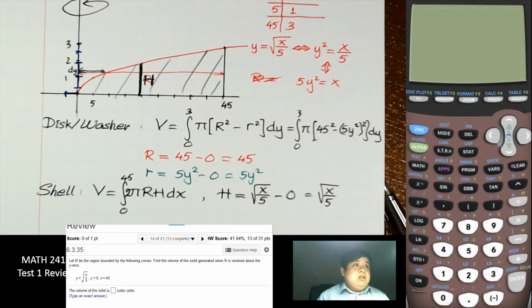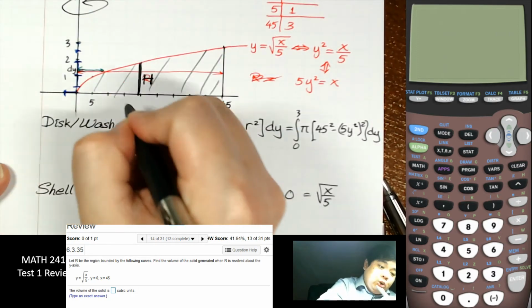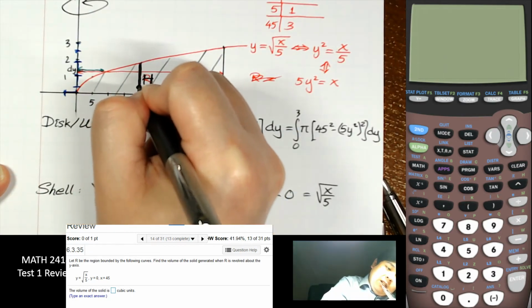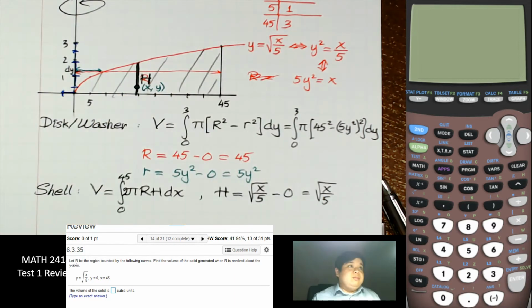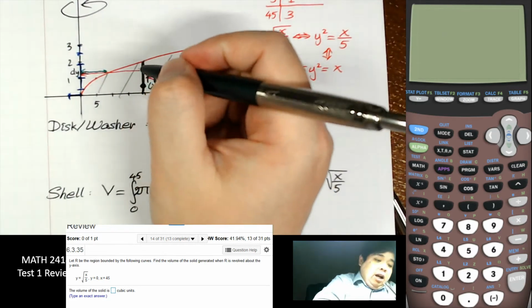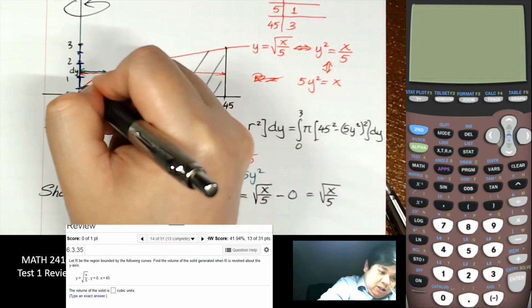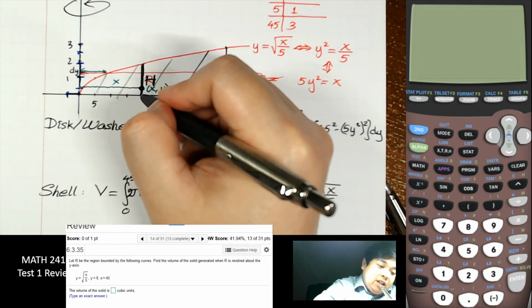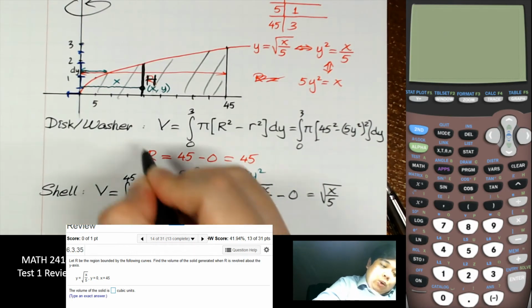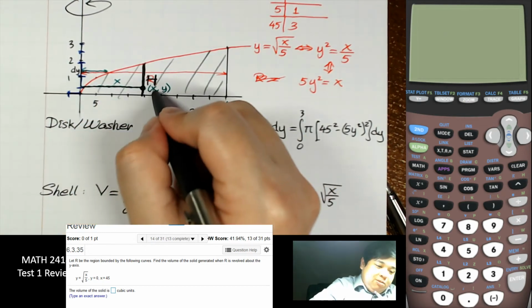Now, the radius, the big R, is the most difficult to set up here. So what I do is I will take any point on this line that I drew. That point we have the x coordinate and the y coordinate. Now, the x coordinate is the distance to the y axis, and the y coordinate is the distance to the x axis. Since this one is the dx, we only use x, not y.